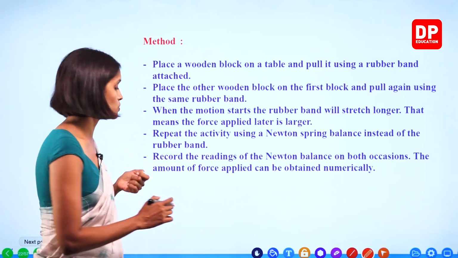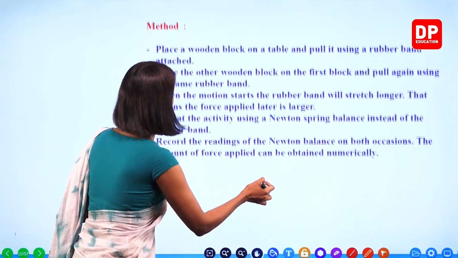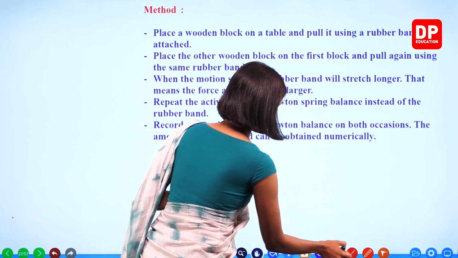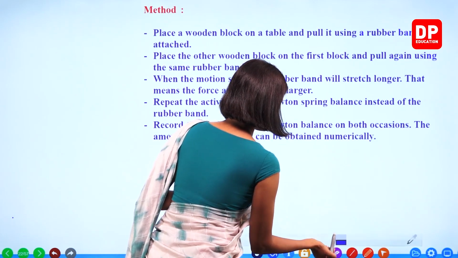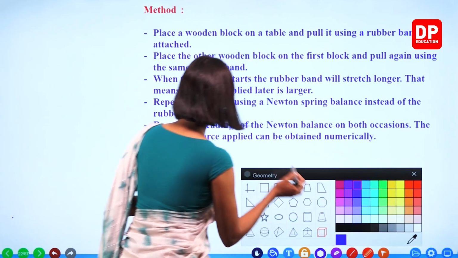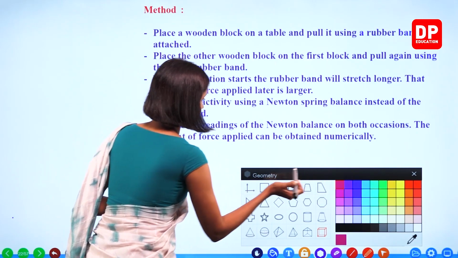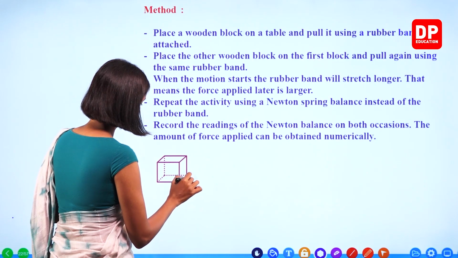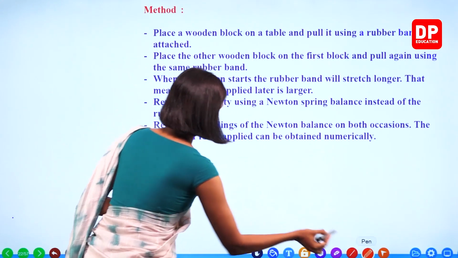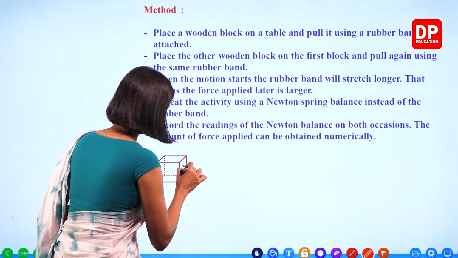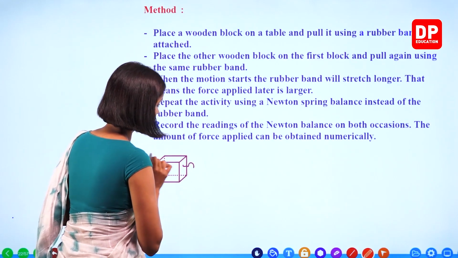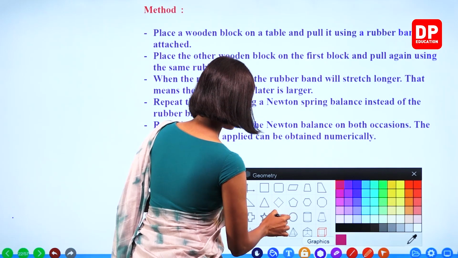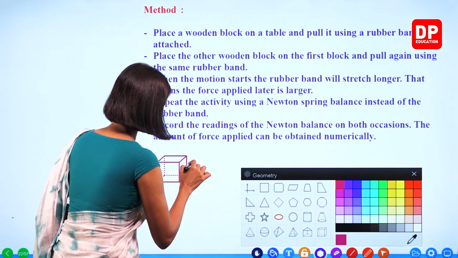try pulling it. Okay, so how to do this activity? We'll draw a small diagram to show this. So if this is the wooden block, we can simply fix a hook to this one and then you have to attach a rubber band.